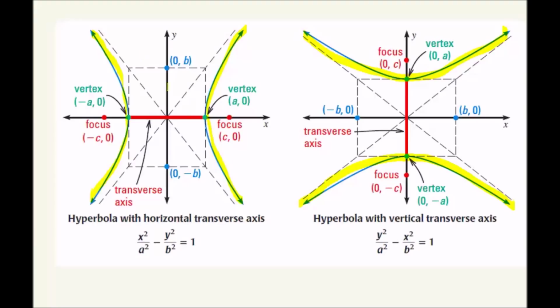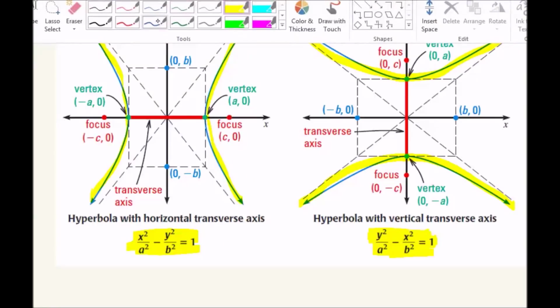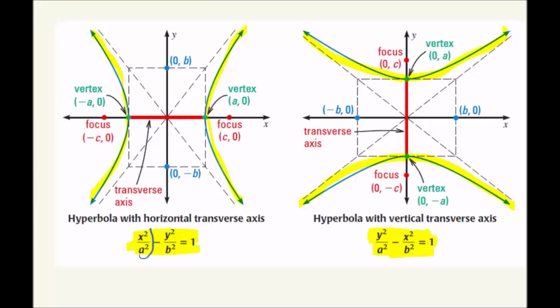So the equation for the one that opens left and right is down here, x squared over a squared minus y squared over b squared equals 1. And the equation for the vertical one is over here, y squared over a squared minus x squared over b squared equals 1. Now the main difference you'll notice is that on the left one, it's the x squared term that's positive, and it's subtracting the y squared term.